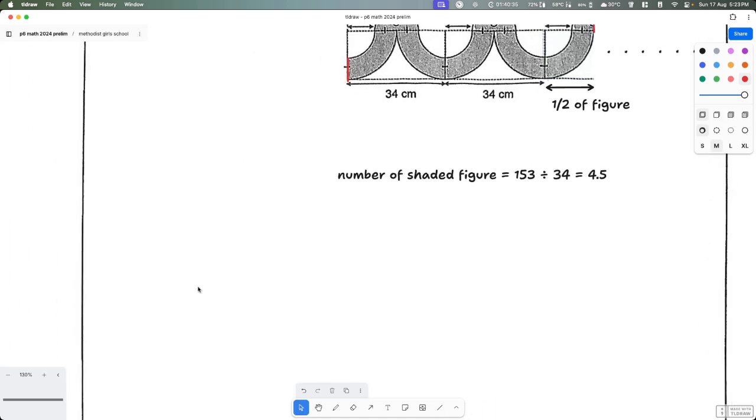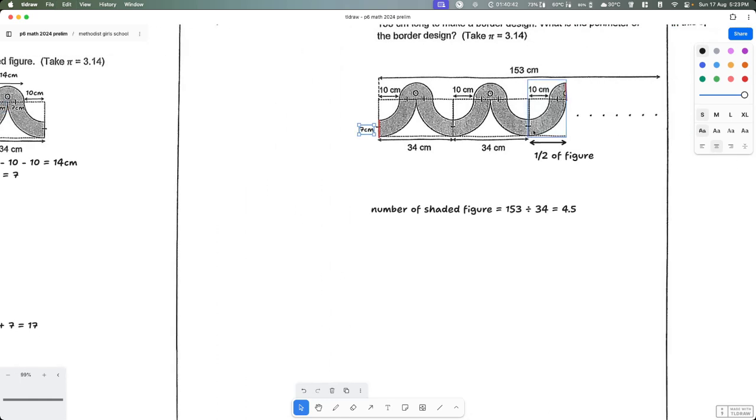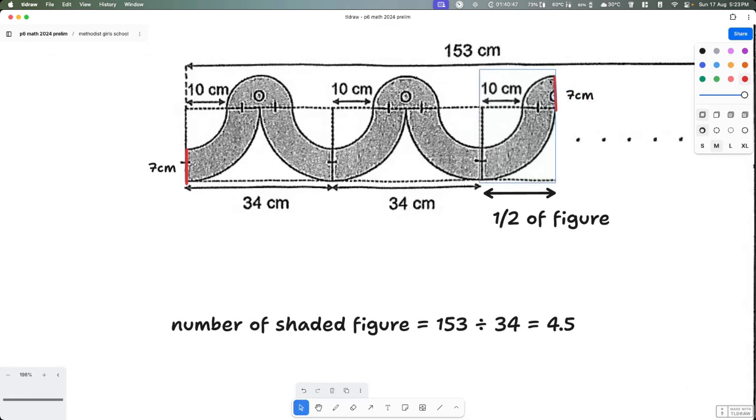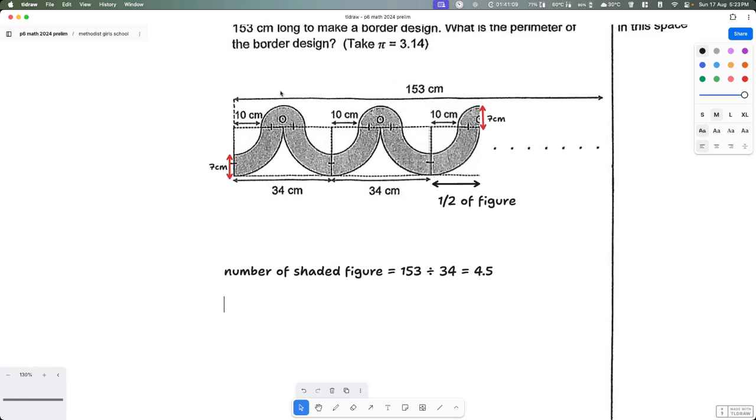From here you know that this is 7 centimeters, so this is also 7 centimeters, and this is also 7 centimeters. So it's better to draw a line over here, 7 centimeters and 7 centimeters as well. We need to add 7 centimeters at the end as well. So with that said, let's get the whole figure.